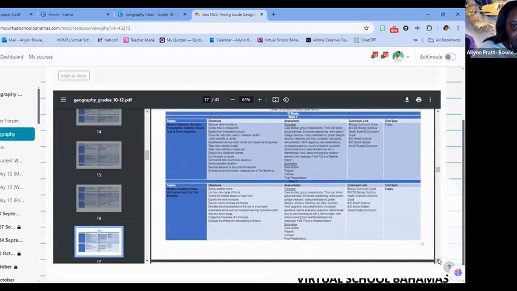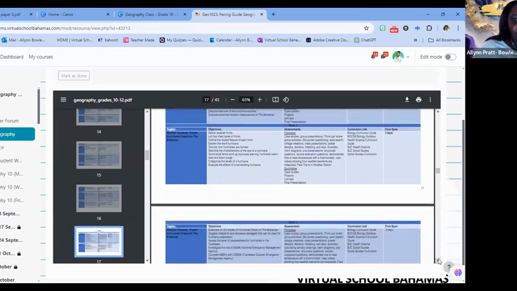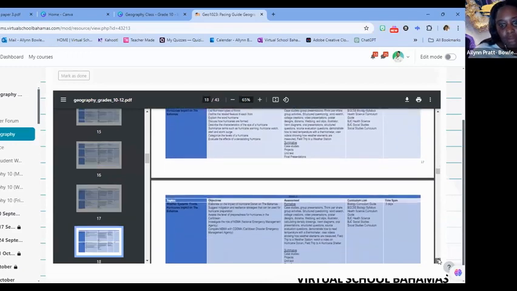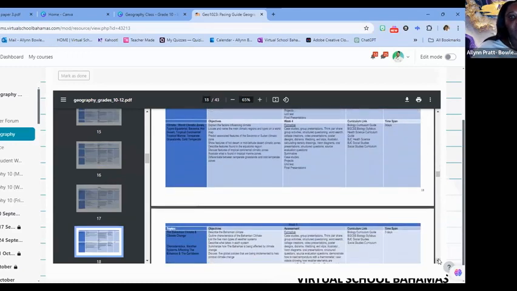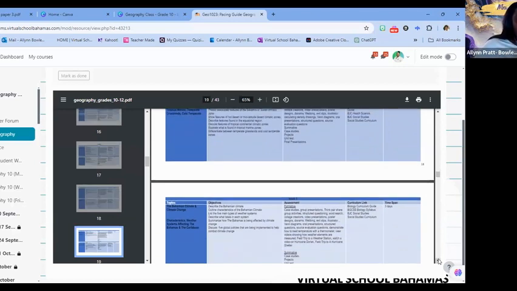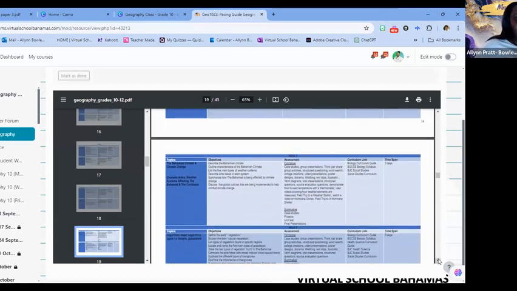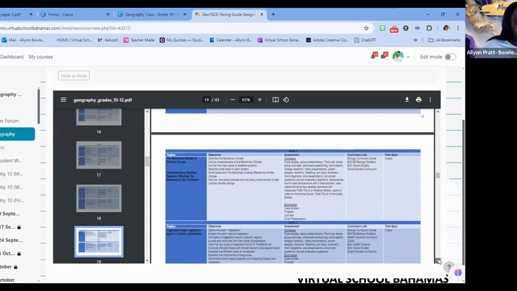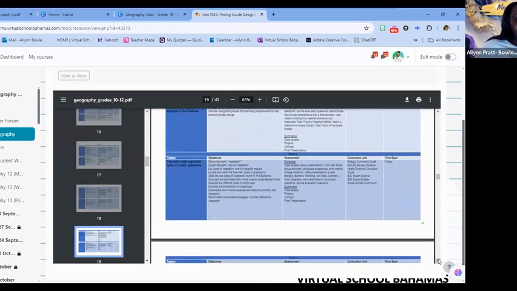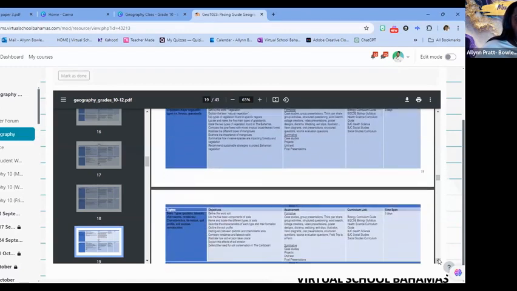We do weather systems, hurricanes, fronts, and then we do weather symbols. We also have to do the world climatic zones, the climates, and then characteristics of weather, major vegetational zones.